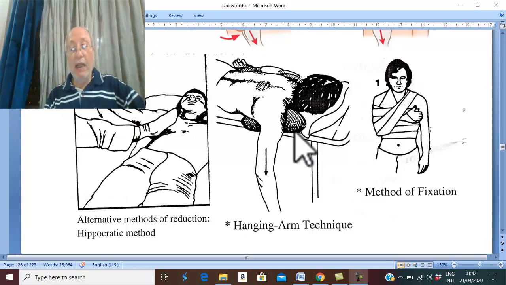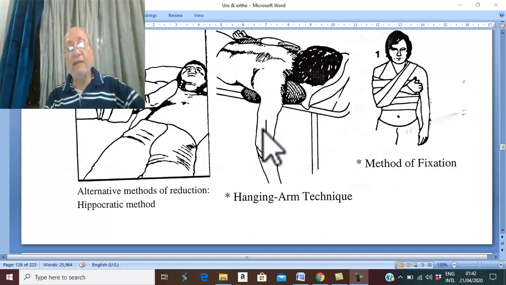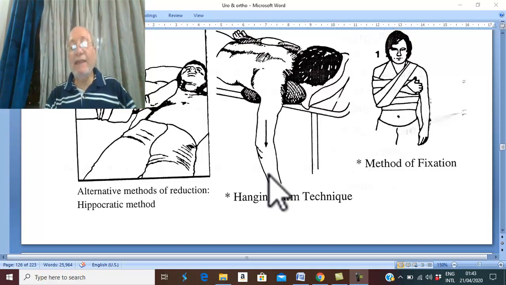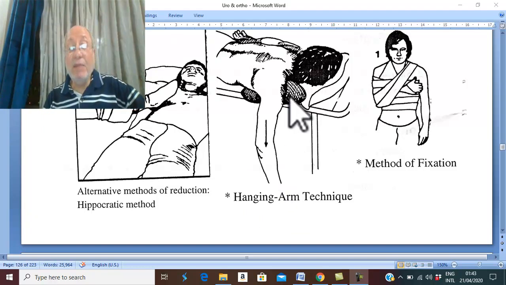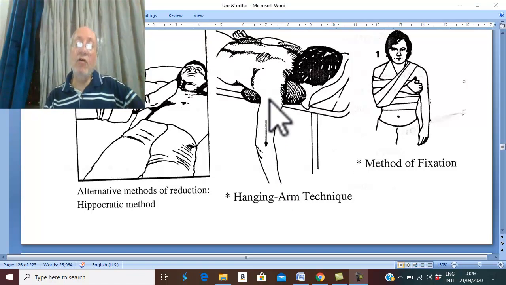Or the hanging arm technique: put the patient in prone position with the weight of the limb hanging beside the bed, and put a weight on the wrist region. This weight will produce traction and the bed will produce the counter traction, with reduction of the shoulder joint.